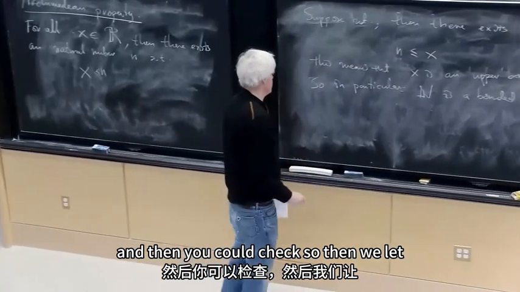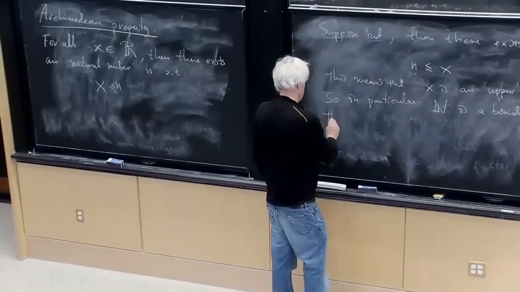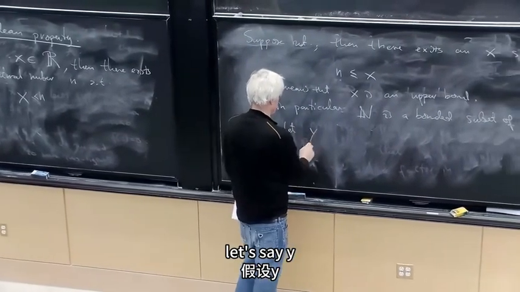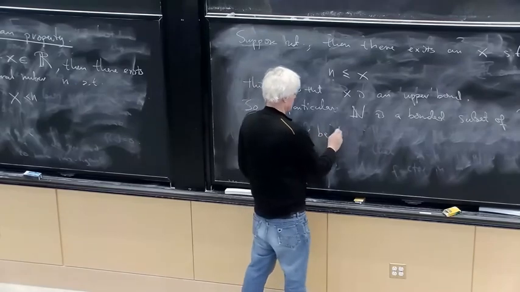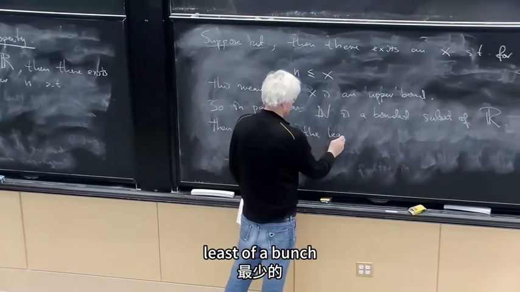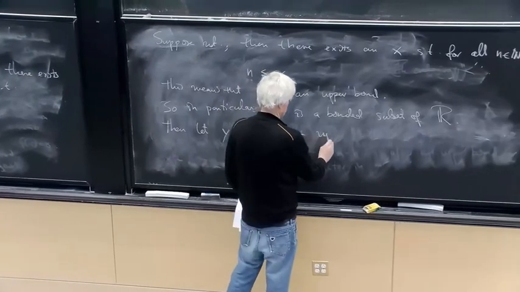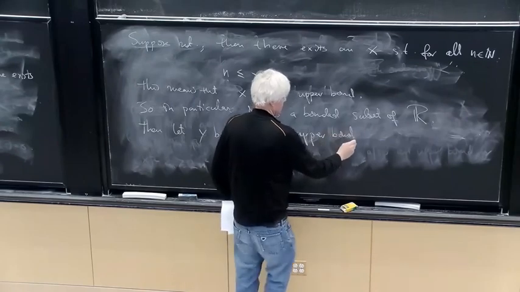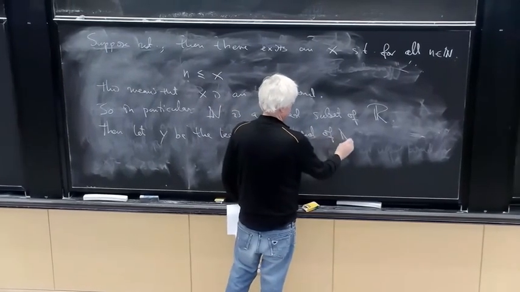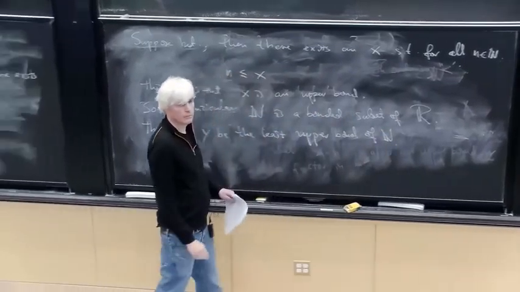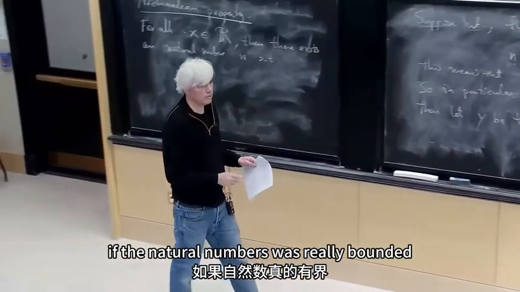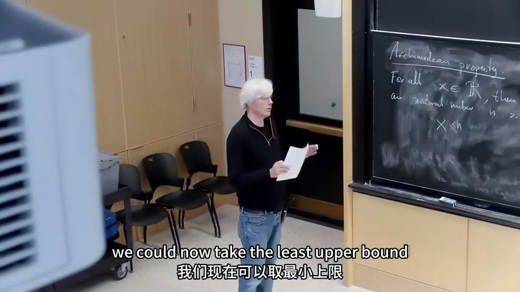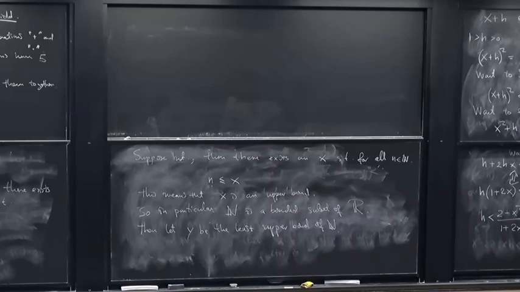Then let y be the least upper bound of the natural numbers. If the natural numbers were really bounded, because they are a subset of the reals, we could now take the least upper bound.